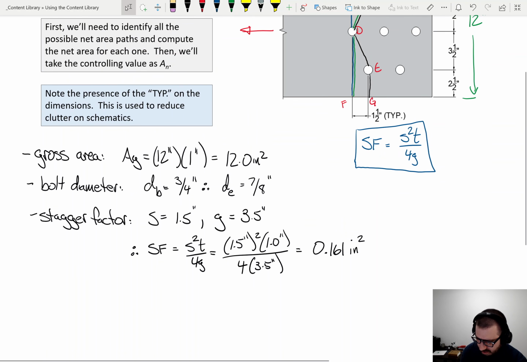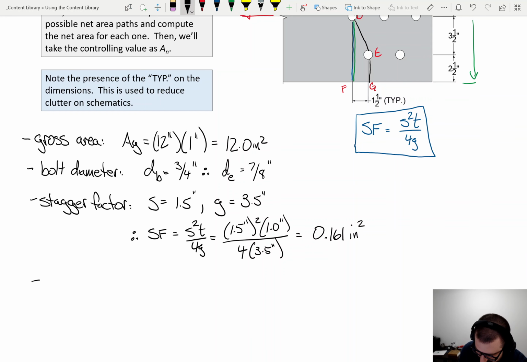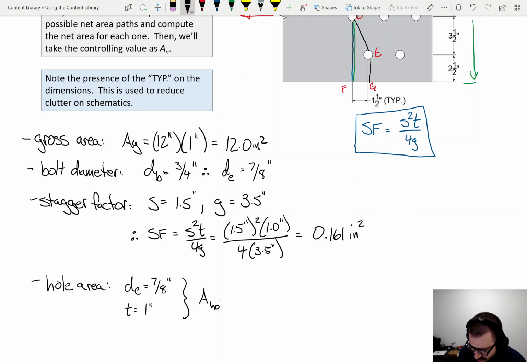Let's also be clear on one final thing here. Hole area. So what do we have? We have the diameter of the hole as 7/8 of an inch, and we have the thickness as 1 inch. So we'll call it area hole is the diameter times the thickness, which is just that, 0.875 square inches.